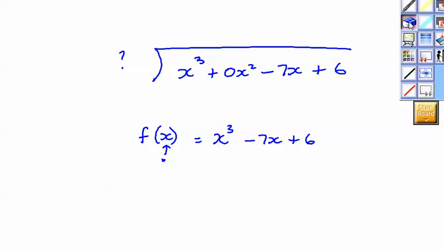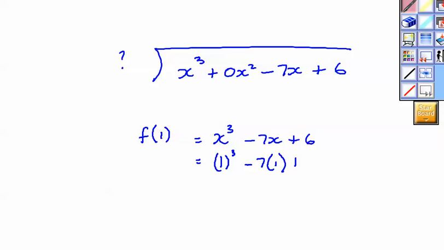I'm going to start off with the number 1. f(1) equals 1 cubed minus 7 times 1 plus 6. Well, 1 cubed is 1, minus 7 times 1 is minus 7, plus 6. 1 plus 6 is 7, take away 7, 0. Therefore, I know that 1 is a factor of this here.